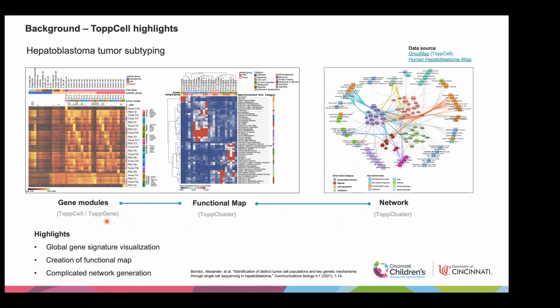From here, we can get several highlights: this ecosystem can help us look at the global gene signature and create a functional map, as well as creating a pretty complicated network.